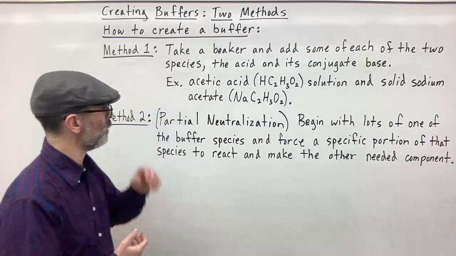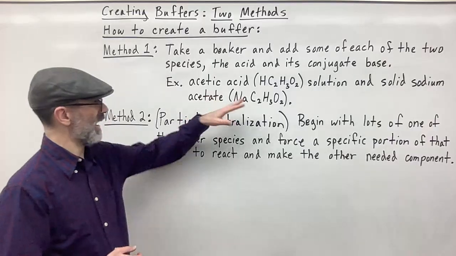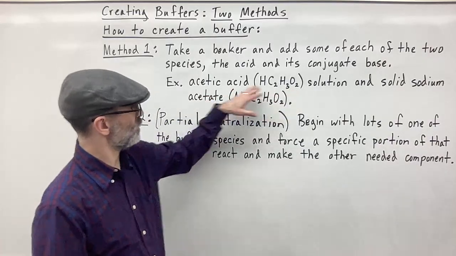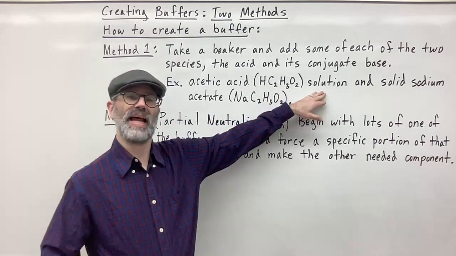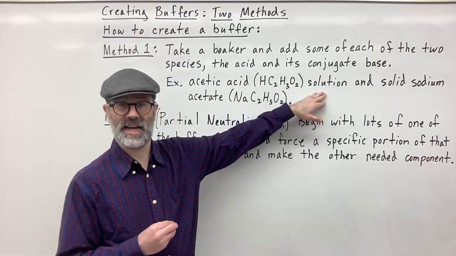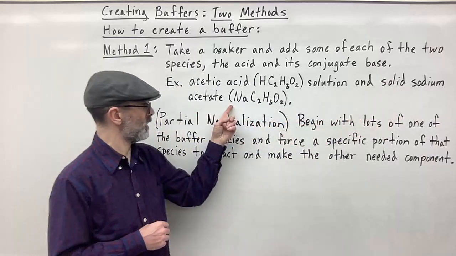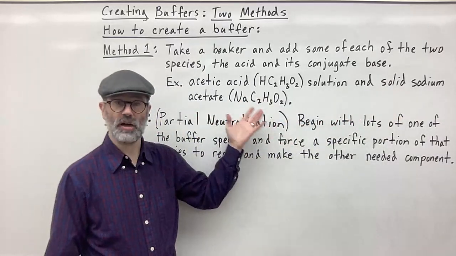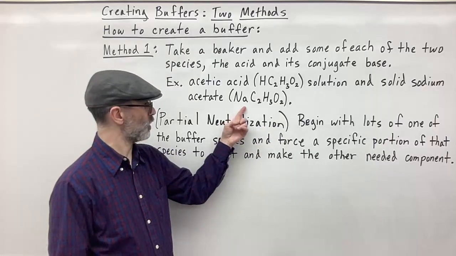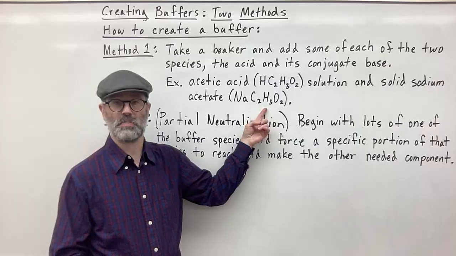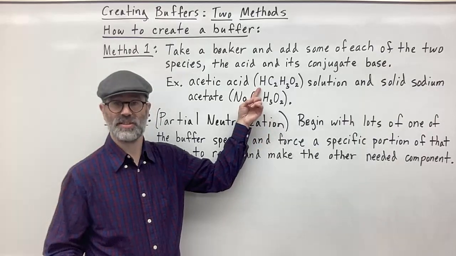So for example, here I have acetic acid, C2H3O2. It's a solution, and then I can add to that acetic acid solution solid sodium acetate. So sodium acetate, here we have the salt of the conjugate base, we have sodium ions, and then we have the acetate ion, which is the conjugate base of the acetic acid, right?